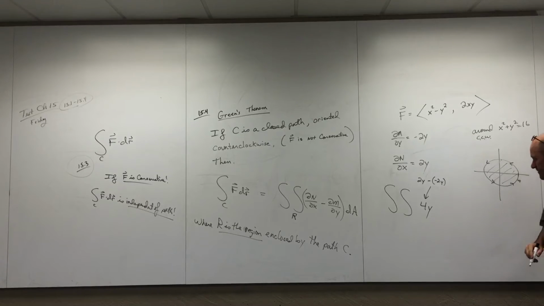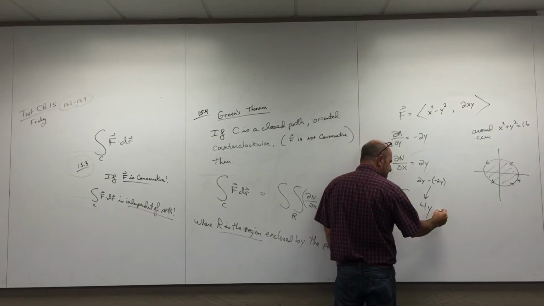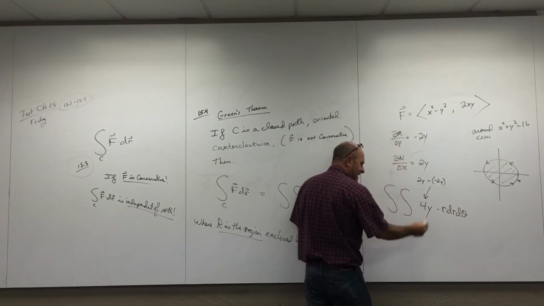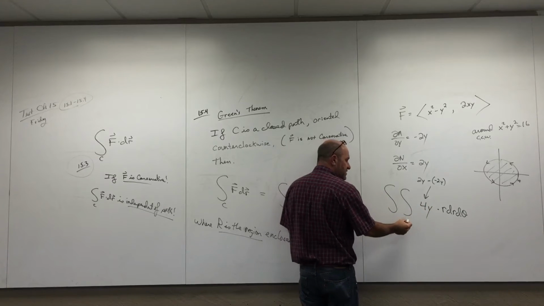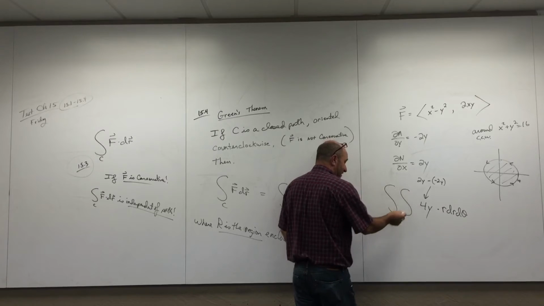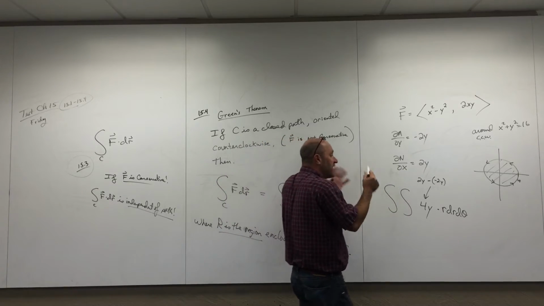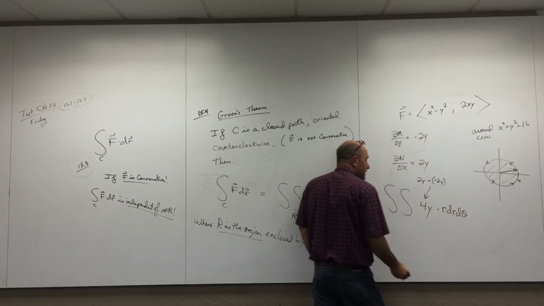So what does that mean? That means my dA is r dr d theta. I need to convert this to polar coordinates. What would be my bounds for r? Now I'm not going around a path. Try to ignore the path and think about the region. Bounds for r: 0 to 4.